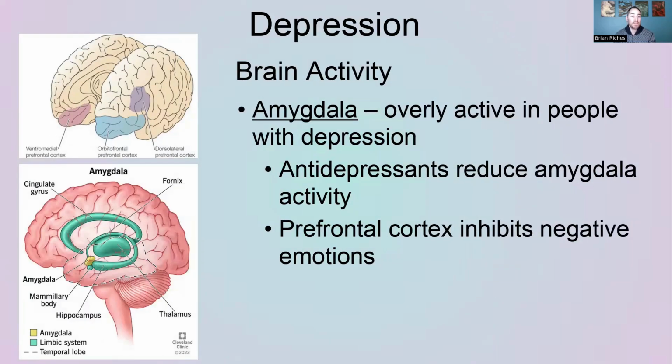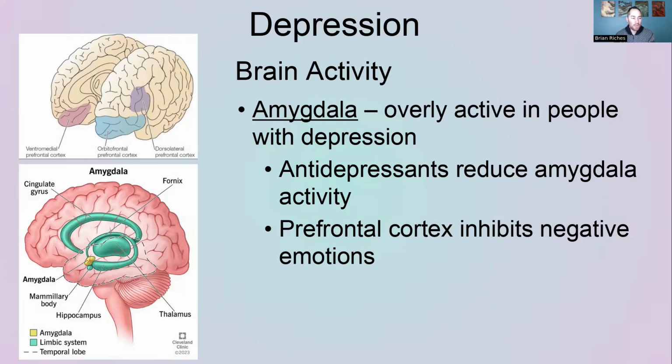So another thing that we see is the amygdala. The amygdala seems to be overactive in people with depression, and you'll see that common with some of these central, middle brain areas with quite a few of these disorders. The amygdala is overly active in people with depression. So antidepressants do reduce that amygdala activity, and the prefrontal cortex, one of its jobs is to inhibit those emotions.